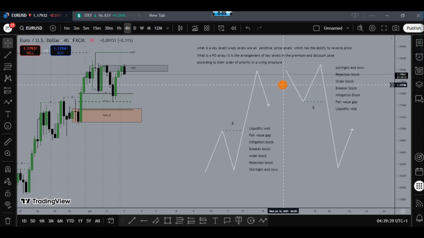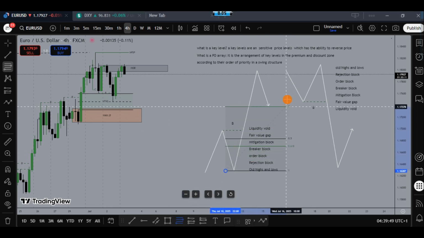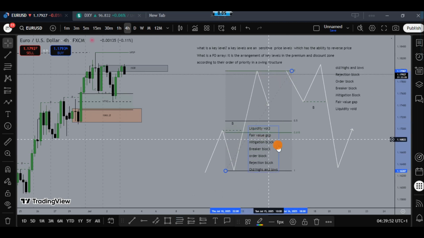So what I mean here is this: whenever there is a swing structure, maybe a break of structure or a shift of market structure, then when you mark your premium and discount zone, for a buy model, the key levels within that discount zone, according to the arrangement of priority, are called the PD arrays because they are arranged according to their order of priority. That's why it's called premium discount arrays.